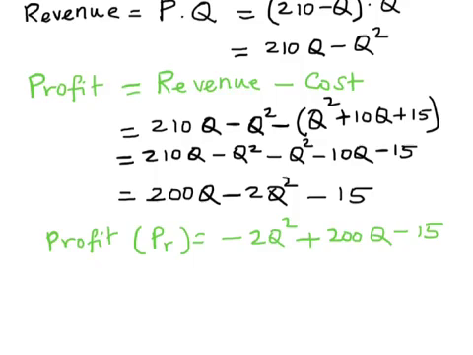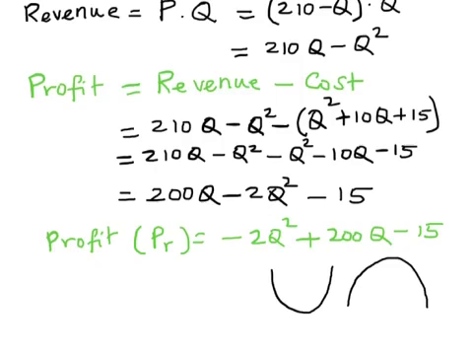Now looking at the expression we have here for profit, we see that it's a quadratic expression because the highest power is 2. And so we know the quadratic function will look like either an inverted parabola or a parabola of this nature. Now, when do we know? How do we know which one belongs to the given quadratic expression?